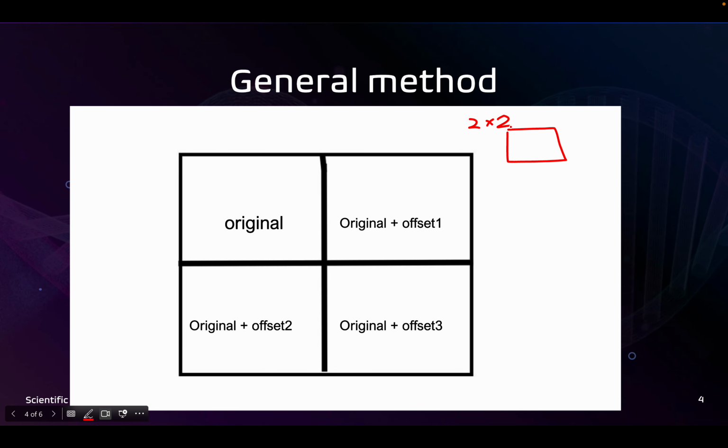You find a small one, a 2 by 2 matrix, and then you use this 2 by 2 matrix to make a 4 by 4 matrix.